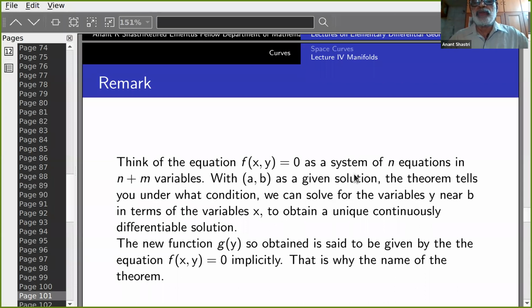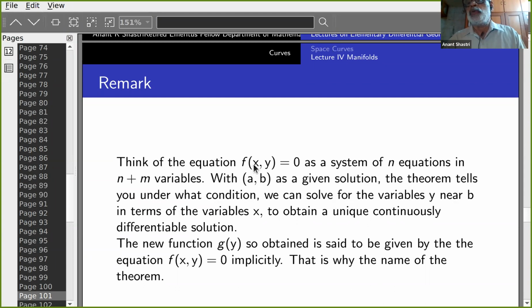Take the equation f(x, y) equal to 0 as a system of n equations in n plus m variables. This is m variables x and n variables y. If you are scared, you can take 1, 1, that's all. But the notation is the same as if you are doing the two-dimensional case. With (a, b) as a given solution, the theorem tells you under what condition we can solve for the variable y near b in terms of the variable x to obtain a unique continuously differentiable solution.